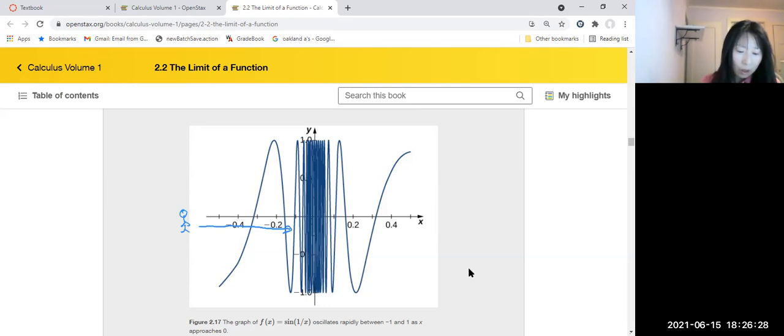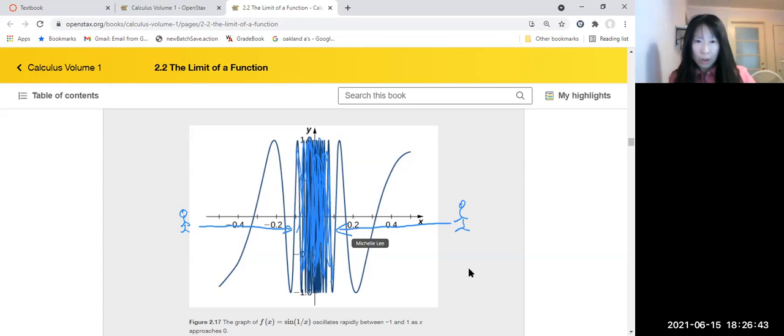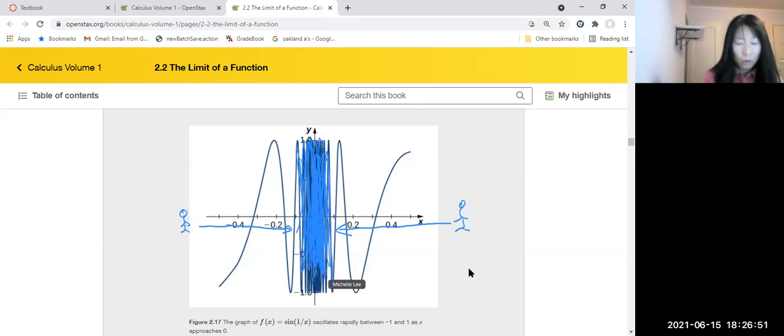Looking at this one, back and forth, right? And I'm standing here and I'm walking toward x equals 0, right? So we call this accelerating.